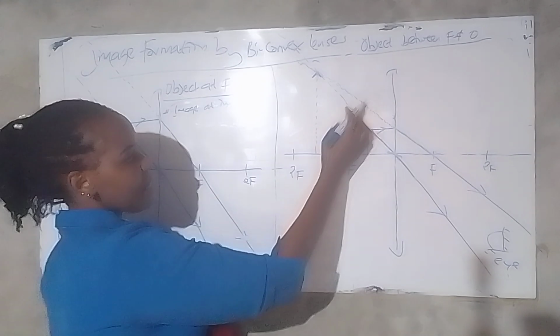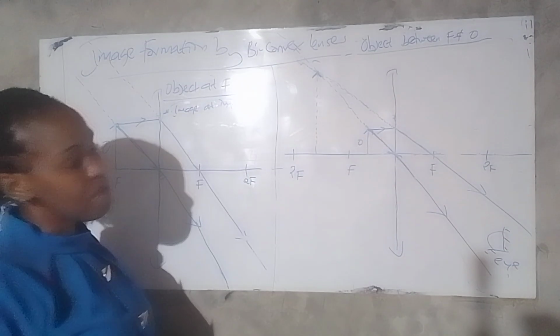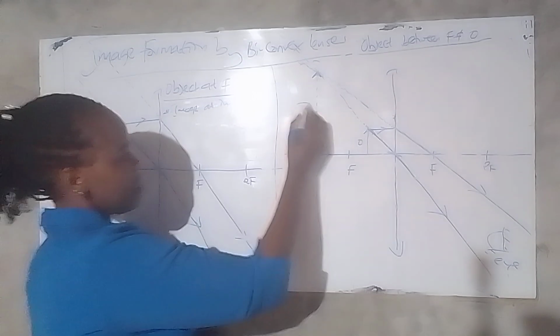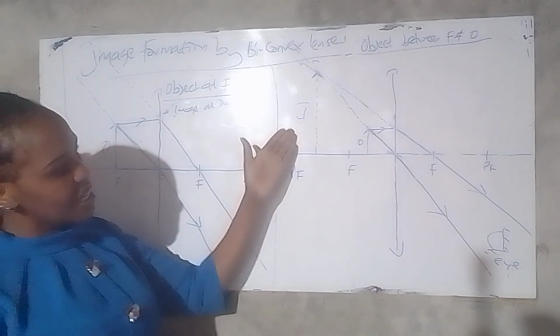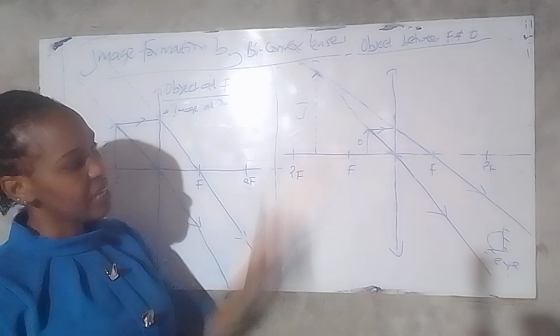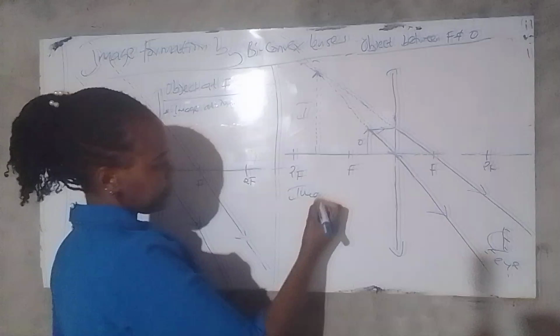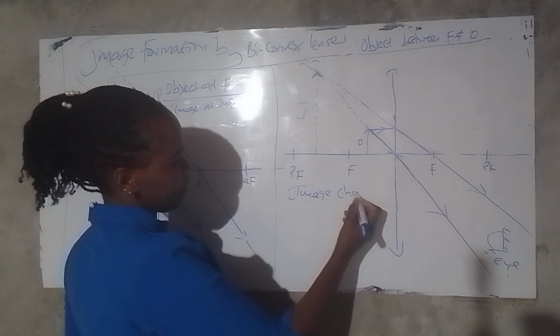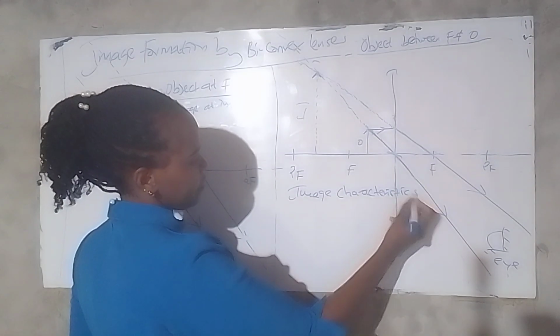So when two imaginary rays intersect, then we form a virtual image. So this is our image. It is virtual. That's why you see it is upright, just like our object. So, image characteristics.